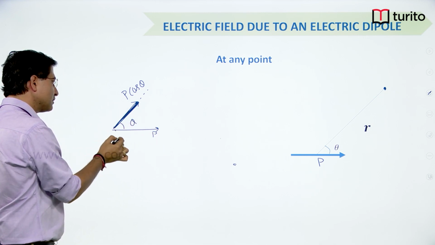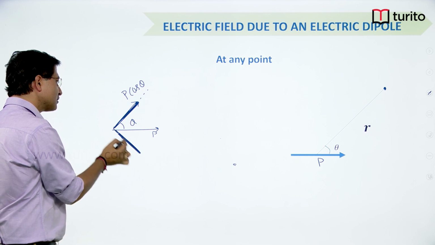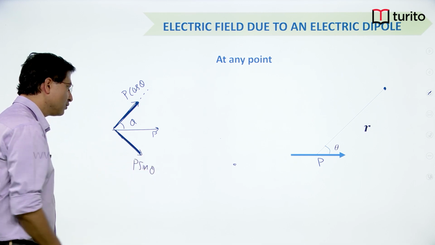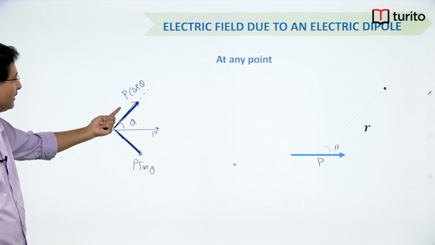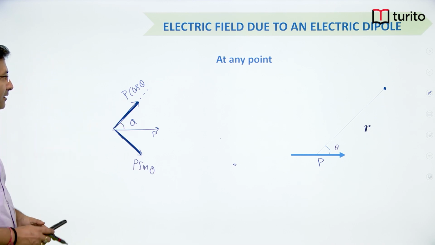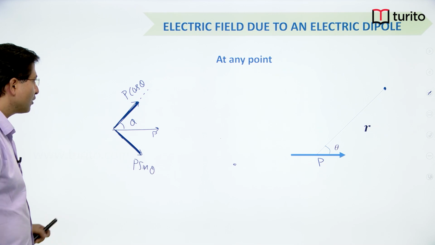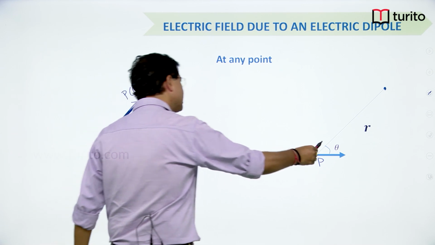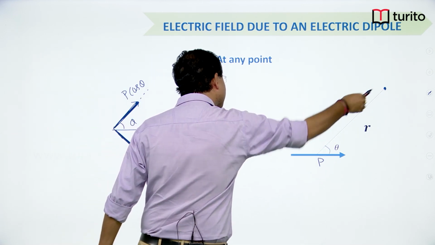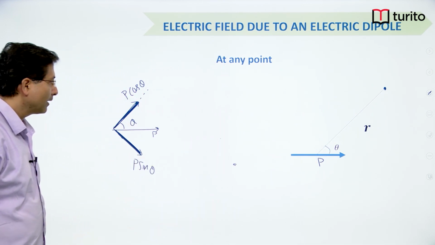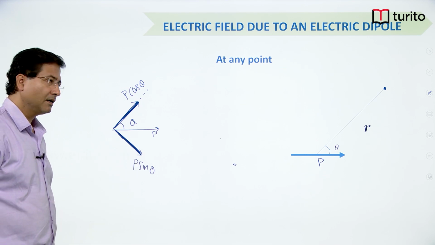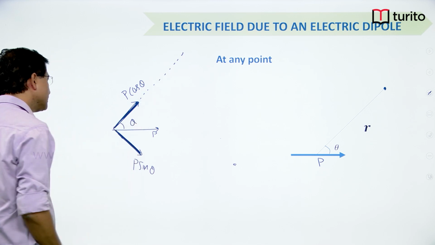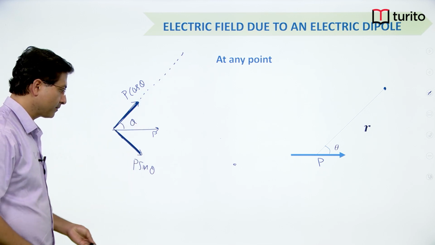So perpendicular to this will be in this direction, this component will be P sin theta. So what I will do? I will resolve this P in two directions, P cos theta and P sin theta, right. Because of this P cos theta, this point will be the point on the axis, and because of this P sin theta, this point will be, you can see here, just look at P cos theta only.